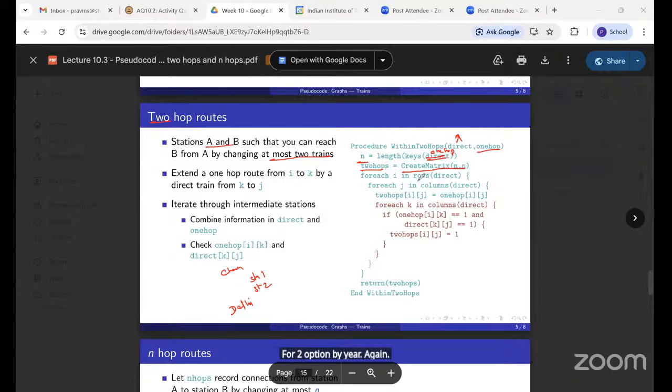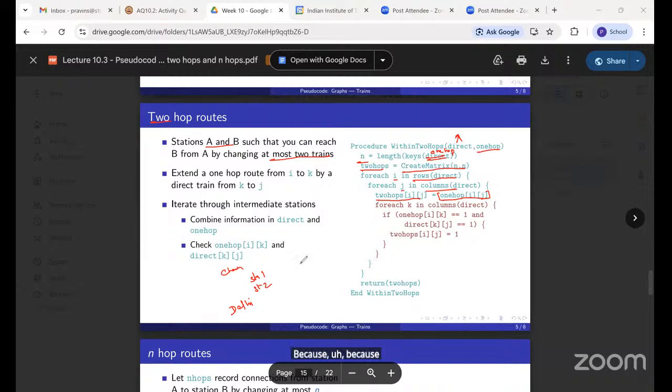Again, we are iterating through the rows and columns of the direct matrices. And here, if you carefully see, I'm initializing the two hop matrices through the one hop matrices, not through the direct matrices. Earlier we initialized through direct matrices, but here I'm initializing through the one hop matrices. Why?